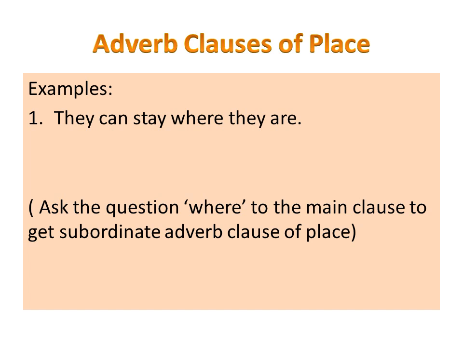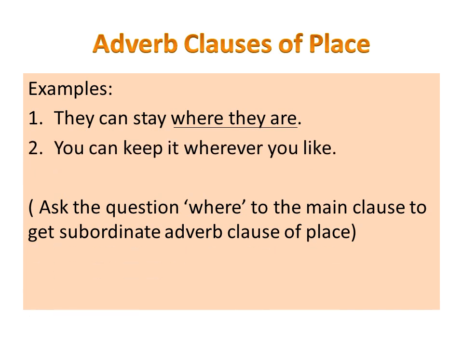Yes, you are right. They can stay makes complete meaning. Therefore, it is the main clause. Now if I ask where can they stay, I get the answer as where they are. So this part becomes your subordinate adverb clause of place because it is telling you more about the place where they can stay.